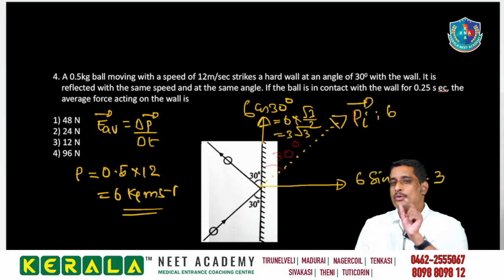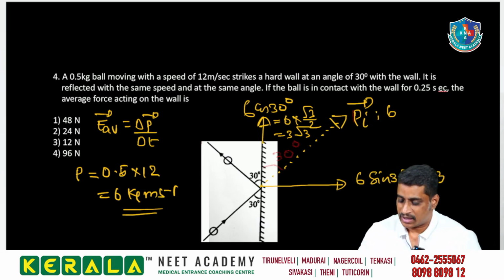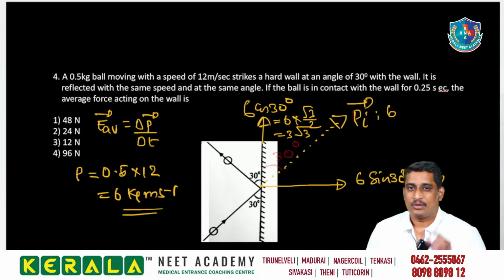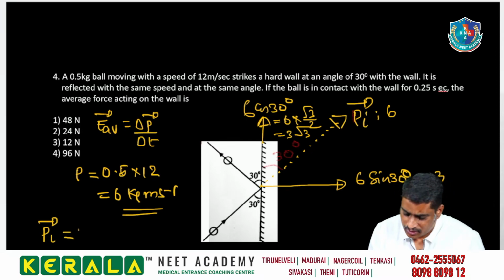Now, initial momentum of the particle is having two components. One component along the x-axis and another component along the y-axis. By using unit vectors, we can express initial momentum of this particle as 3 i cap plus 3 root 3 j cap.